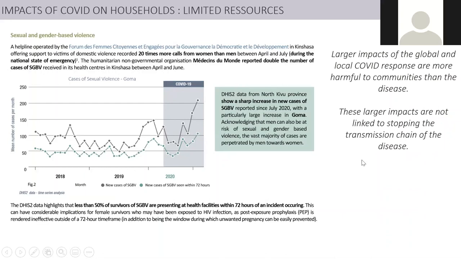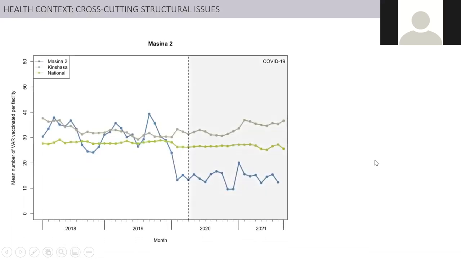So what we see, again, is that larger impacts of the global and local COVID response are more harmful to communities than the disease, and that it is difficult to link these impacts to stopping the transmission of the disease, which can explain somehow that it's more difficult to use them. Here again, more information about the health context and the structural issues in the DRC.